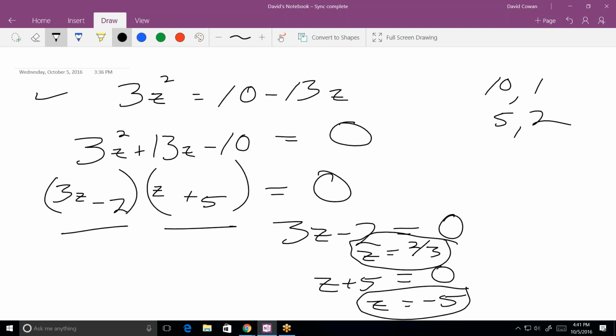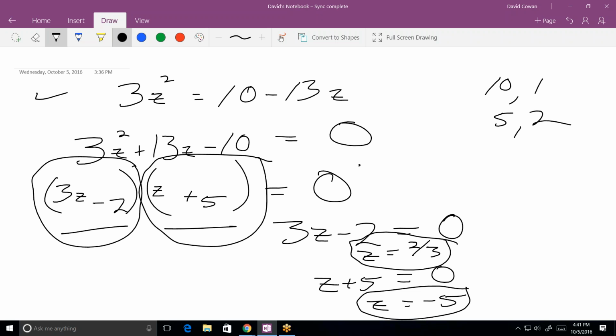It's not true, but that's fine. The rule of algebra says that the only thing that has to be true is that one of these two things has to be 0. Either that one or that one. It's the only way you can produce this 0 over here. You can't think of two numbers that multiply together that are equal to 0 unless one of them is 0.